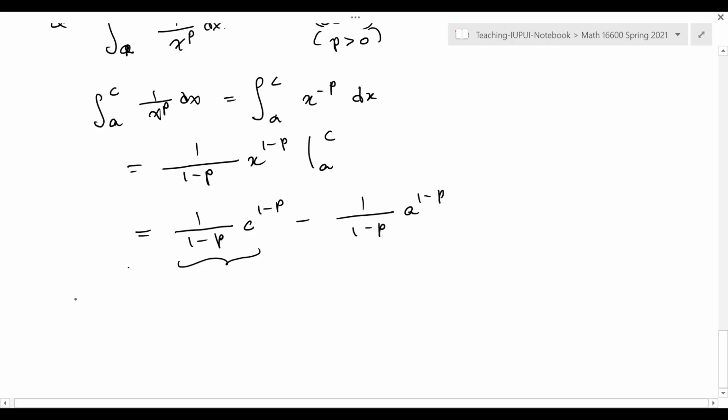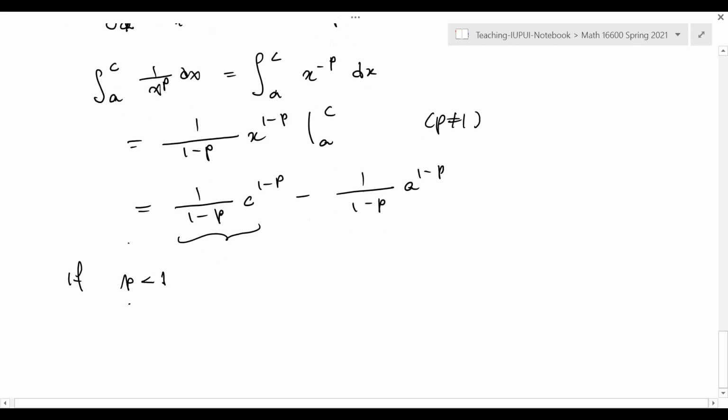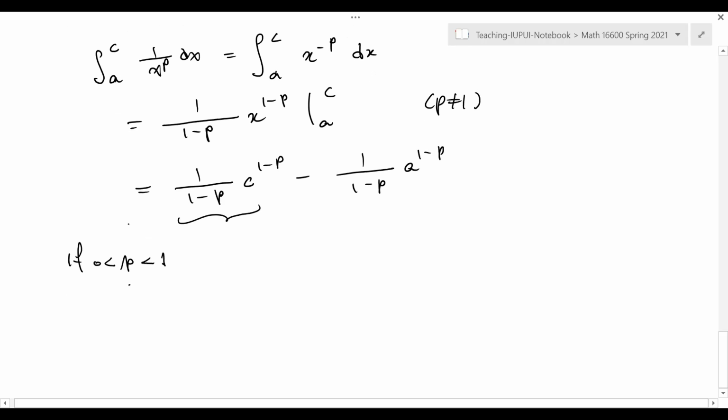Okay, so take a look. We have to assume that p is not 1, because we already did that problem. Otherwise, I'd use the natural log. If p is greater than 0 and less than 1, clearly this approaches positive infinity as c approaches positive infinity.